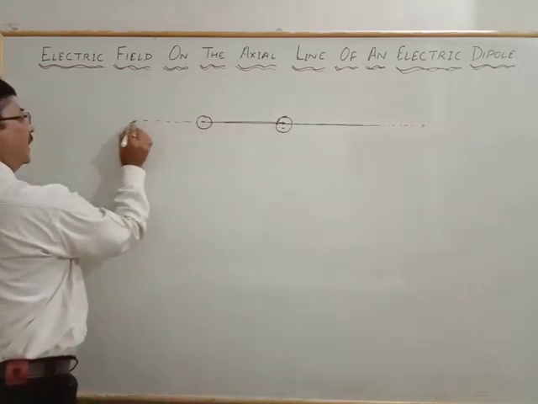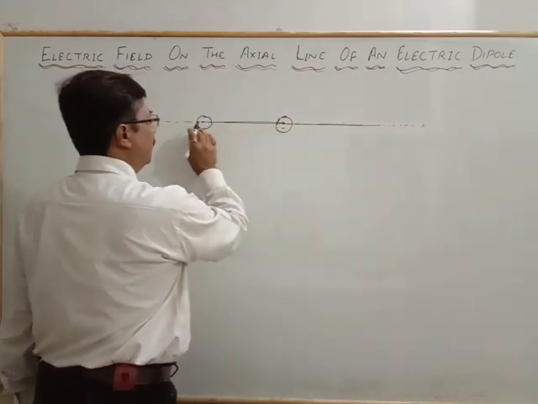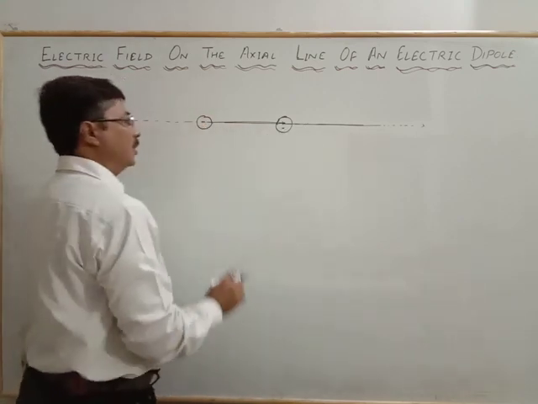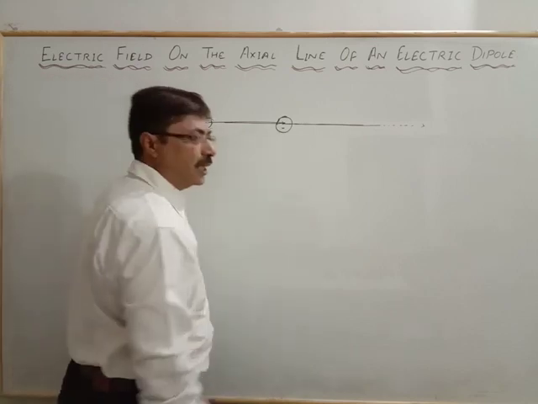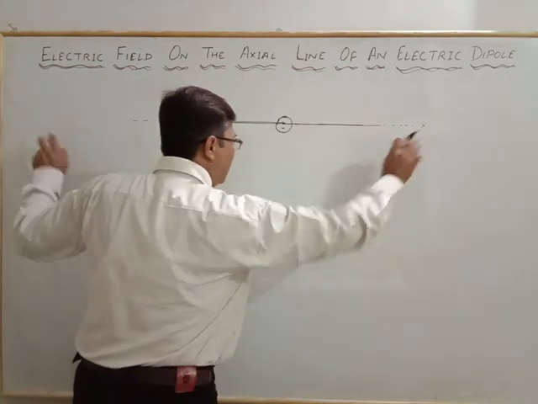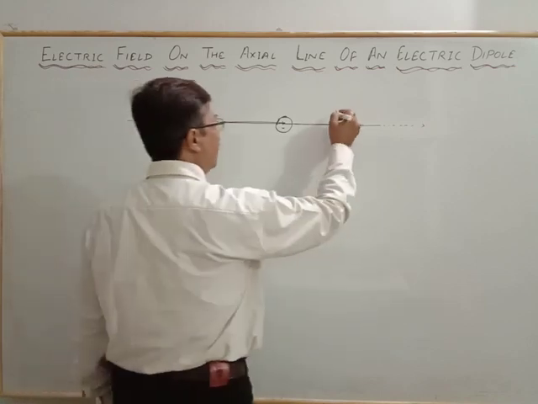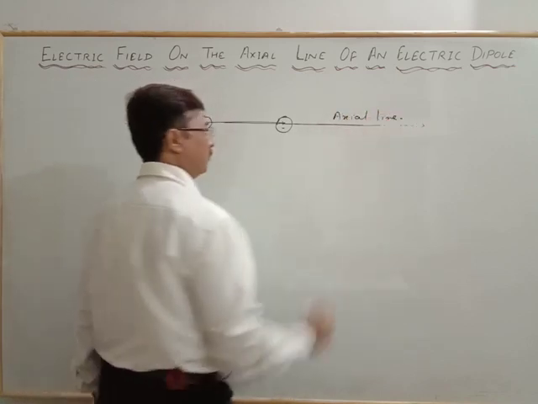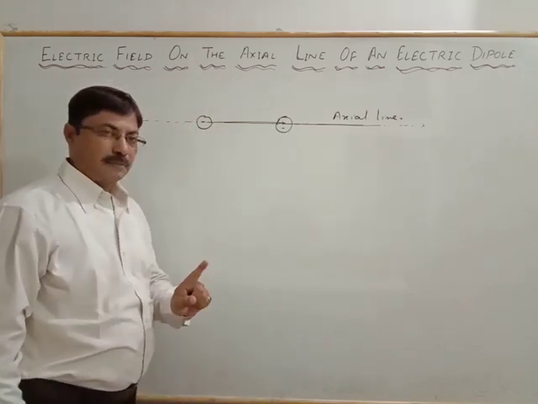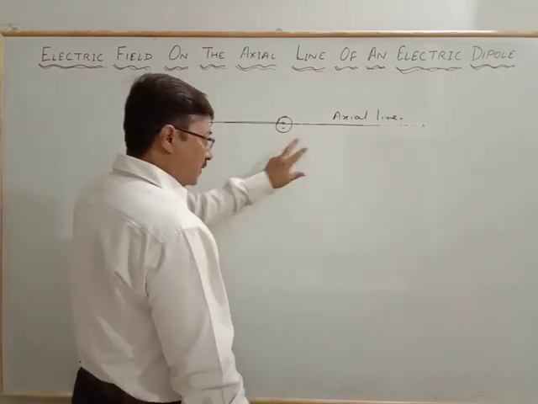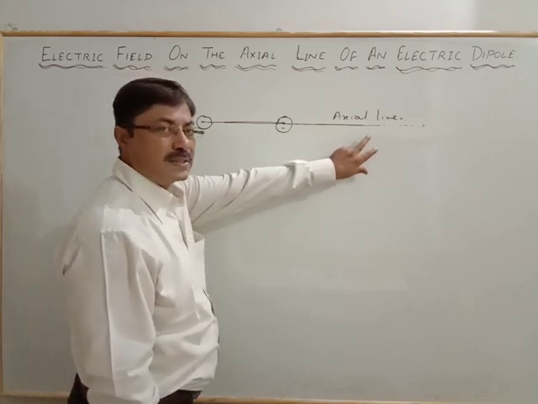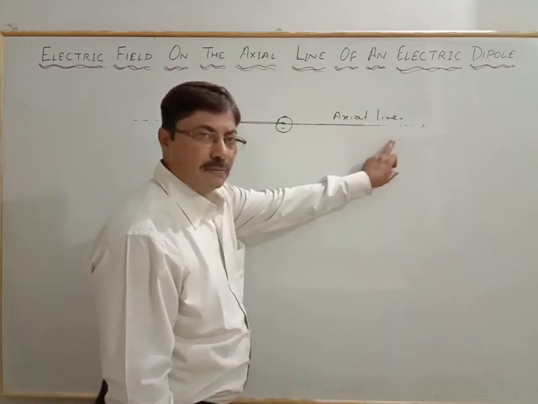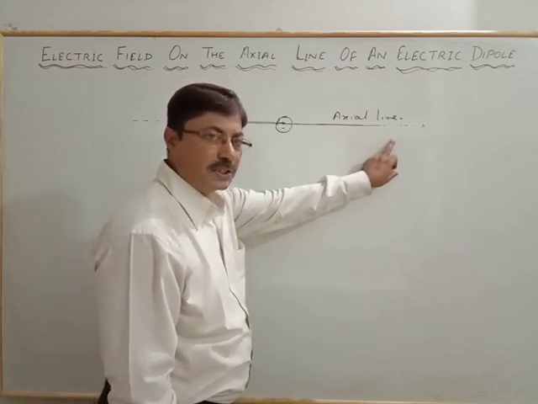The line that joins the two charges, from one center to the other center, and is extended on either side, is known as the axial line. We will study the electric field on the axial line, anywhere we consider, and then find the expression for that.